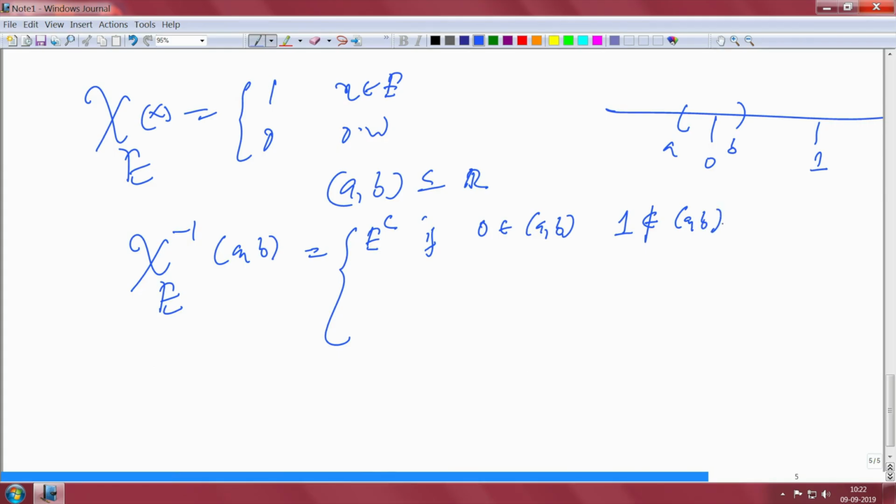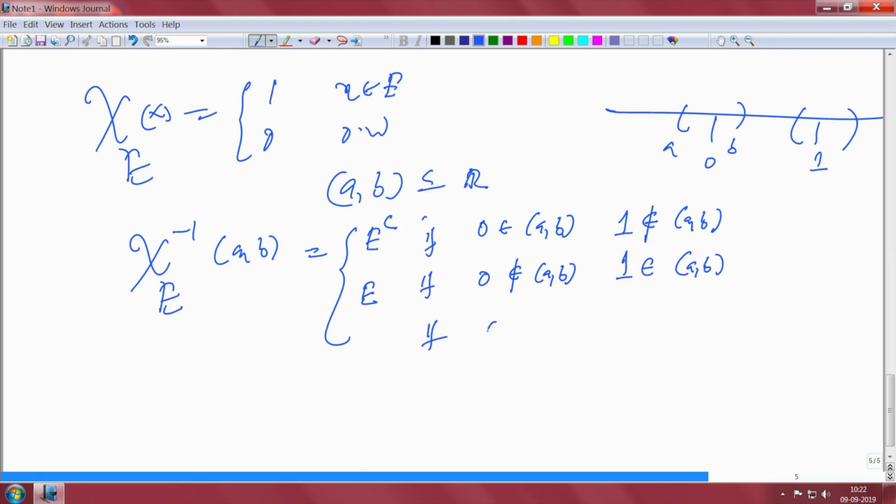What if 0 does not belong to AB and 1 belongs to AB? Then that will be all those points which are mapped to 1. So that is the same as E. Only the points in E will go to 1.